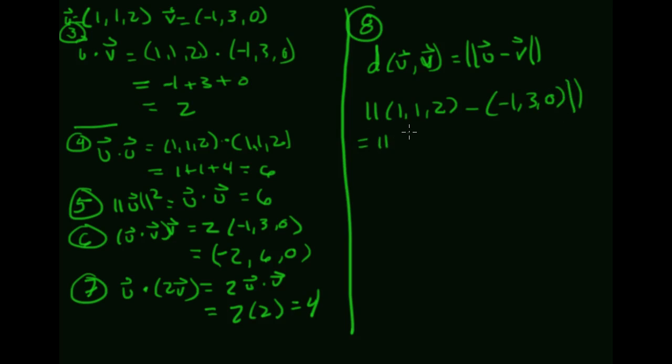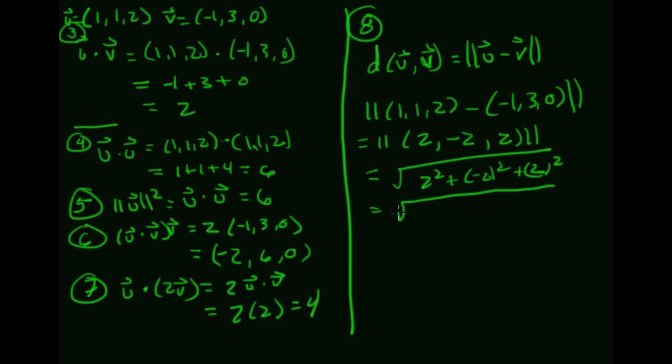Let's see, 1 minus negative 1 is 2, 1 minus 3 is negative 2, 2 minus 0 is 2. So this is going to be the square root of 2 squared plus negative 2 squared plus 2 squared, which is 4 times 3, 12. So that's going to be 2 radical 3. All right, so let's look at the last couple here, and we'll be done.